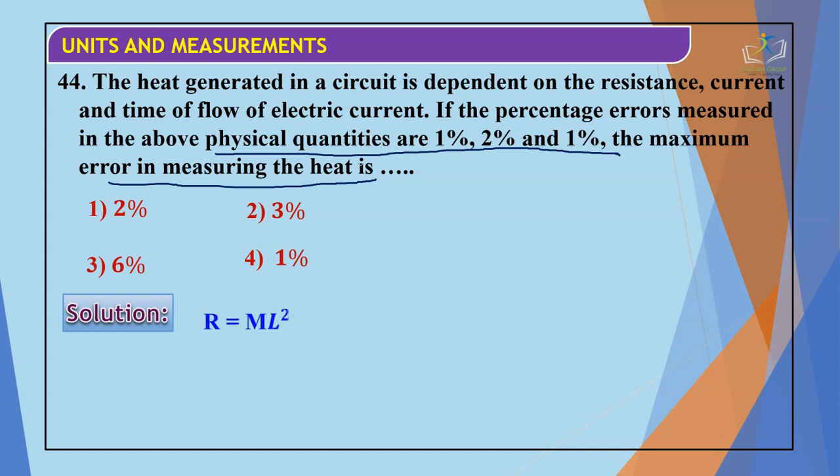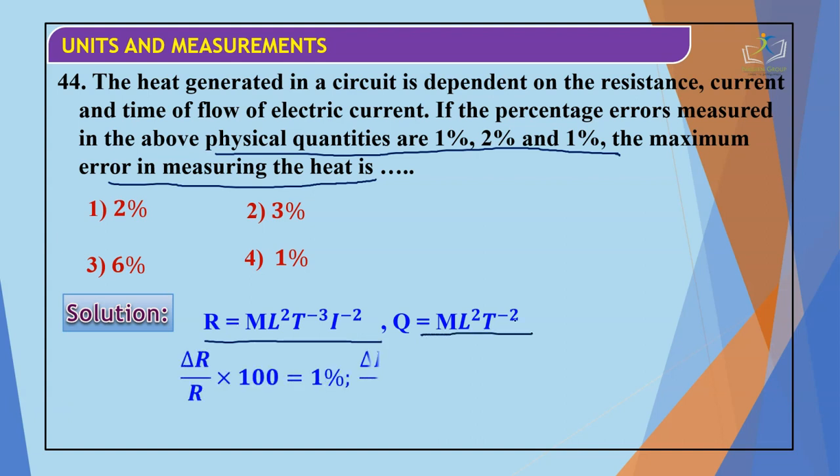Moving with the solution part, student, we know that the dimensions of R are ML2 T minus 3 I minus 2, and Q is ML2 T minus 2. So in percentage, delta R by R into 100 is equal to 1%, delta I by I into 100 is 2%, delta T by T into 100 again 1%.